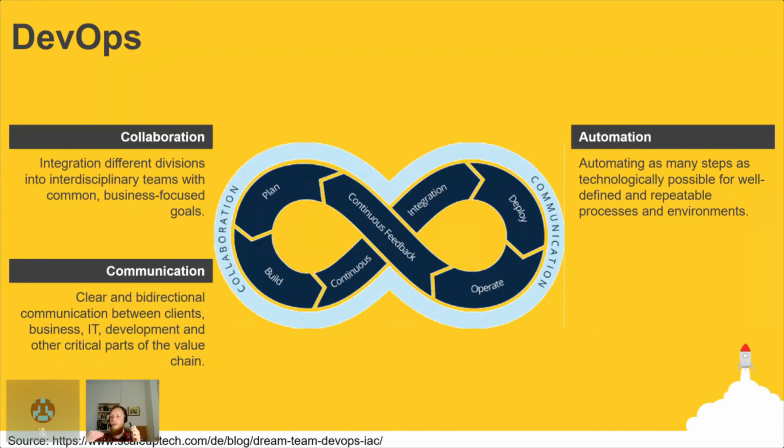You need to have a common goal in place that you follow, and you need the means to measure how you progress on this goal. Everyone needs to be aligned on this goal. And this is basically, for me, the core message of DevOps: that you have collaboration and communication in place to reach a goal across the whole organization. Of course, this is supported by tools, but I think this is only a part of it.